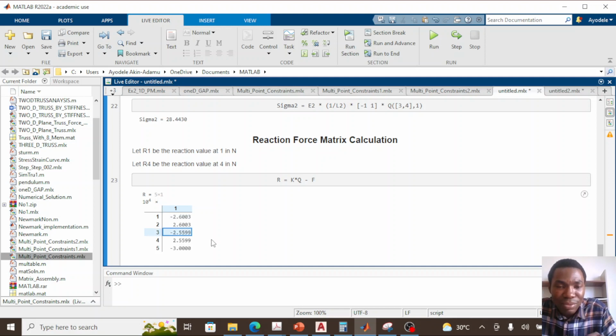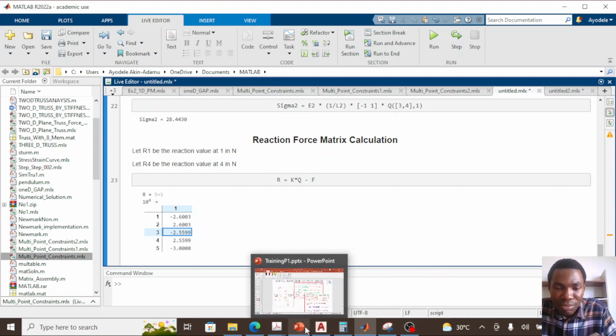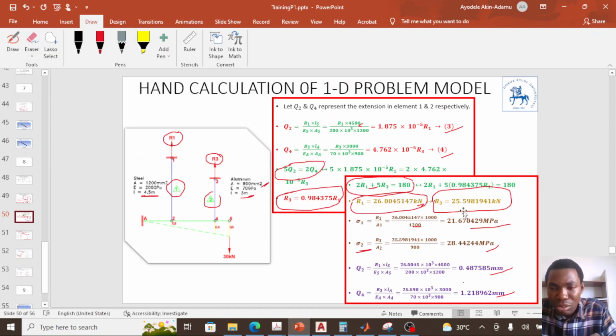At node 3, we have minus 25.559 kilonewton. In my hand calculation, I have 25.598 kilonewton. And see, the result is very identical with the hand calculation.